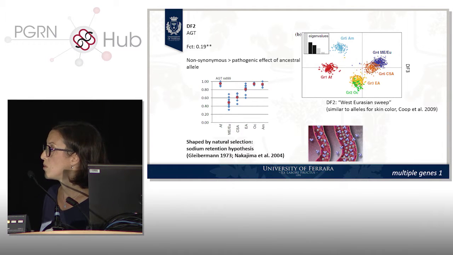So it could be adaptive in certain climates, like hot and humid climates, but it can become maladaptive once our species colonized more temperate climates. And that's why you see this gradient that is correlated with the temperature and with the distance from the equator.